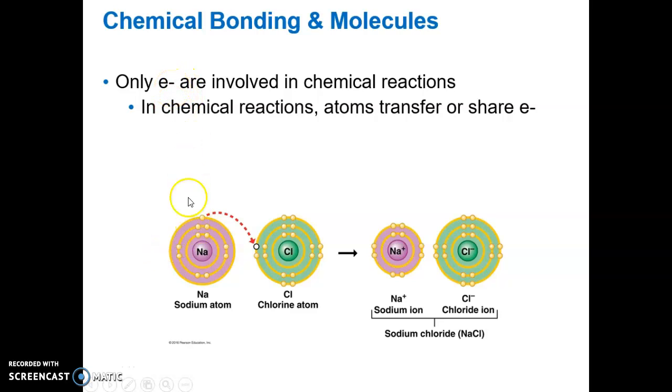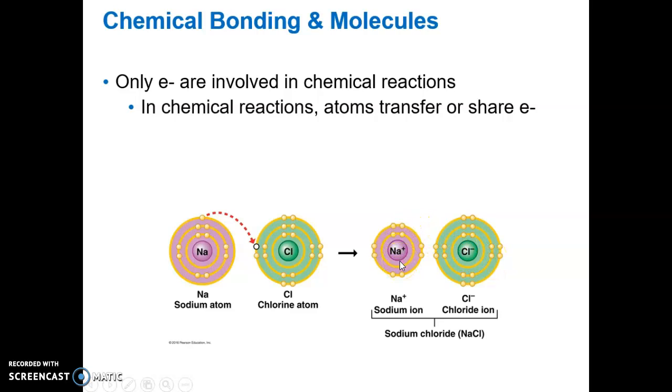So the sodium atom, all by itself, is chemically neutral, has no charge, but when it loses an electron, that electron takes a negative charge with it, and it adds it to chlorine. And what happens to chlorine? It becomes a negatively charged ion. An ion is a charged atom.